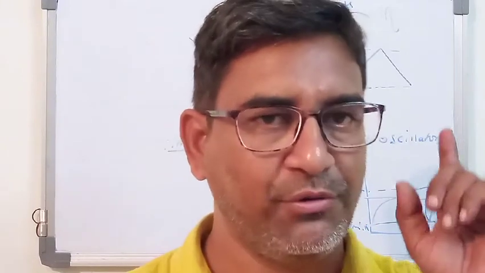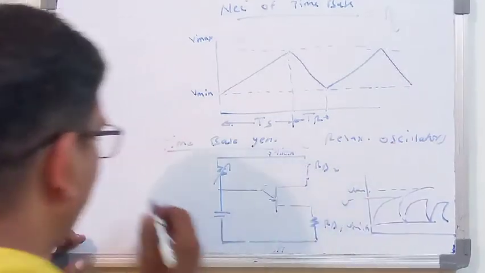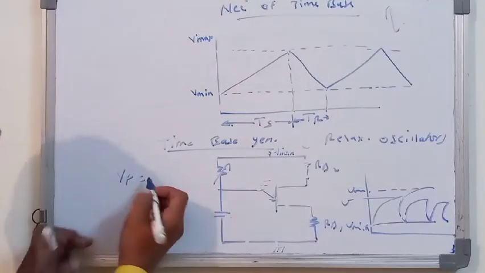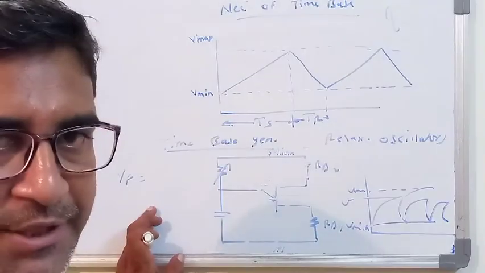Due to that turn on, we get the Vp value. Vp is equal to eta times VBB plus 0.6, where 0.6 is the forward voltage. The eta, as I told you, is the intrinsic standoff ratio.